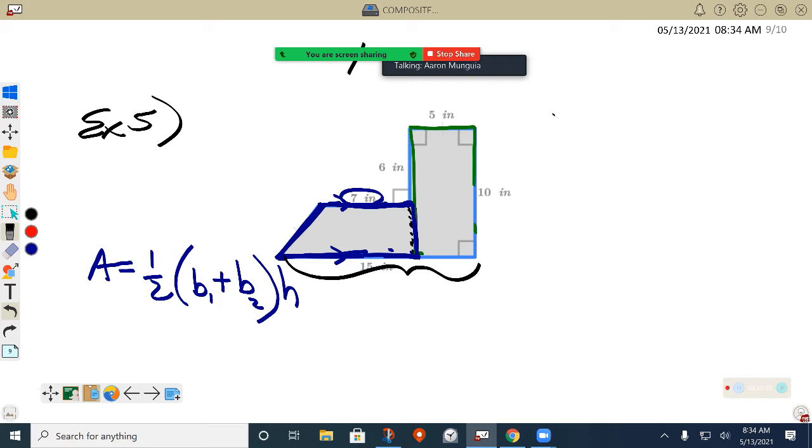But I need from here to there for the other base. I know this is 5 inches right here. So 15, that's from here to here, minus the 5 is going to be 10 inches. So I already know then that inside there this is 10 inches. So you've got to be careful. Does that make sense?